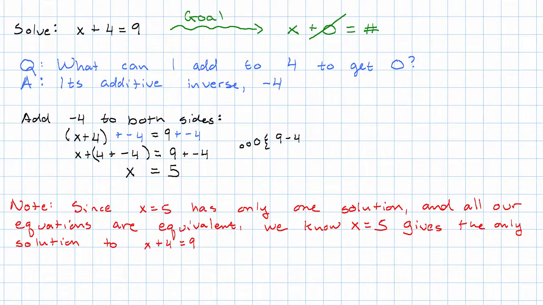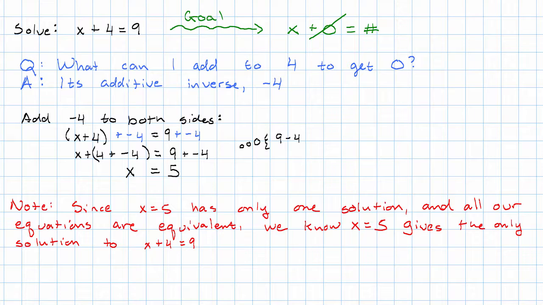Note also, since x equals 5 has only the one solution, namely x does represent the number 5, and all of the equations that we've written in this process are equivalent, we know that x equals 5 gives the only solution to our original equation, x plus 4 equals 9.